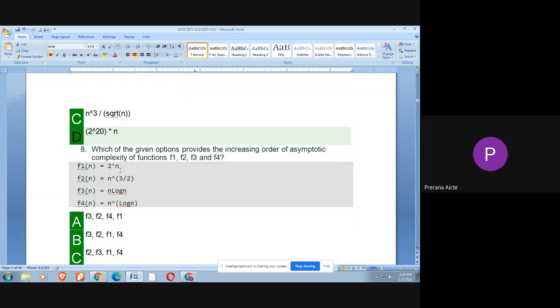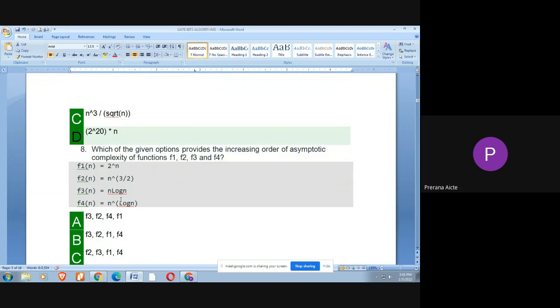When we apply log on both sides of these functions f1 and f4, the order of growth for f1 is going to be order of n, and for f4 it is going to be log n into log n. So theta of n has a higher growth than theta of log n into log n.